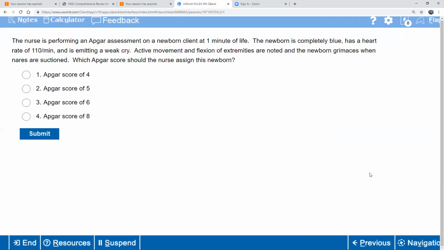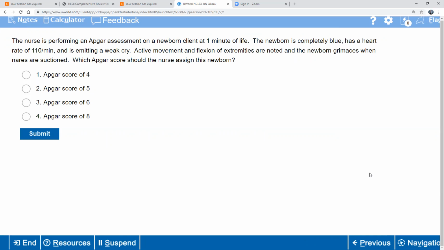Well, completely blue would be 0, according to my scale. If the hands and feet were blue but the body was pink, then it would be a 1. And if the baby was completely pink, then it would be a 2.